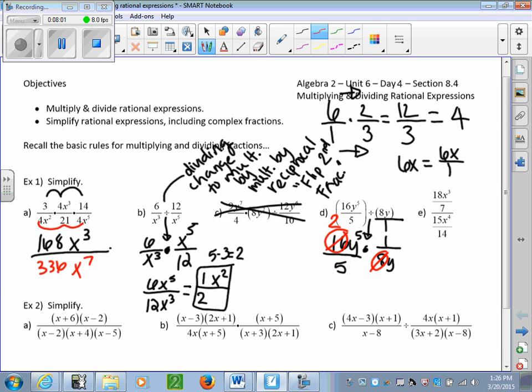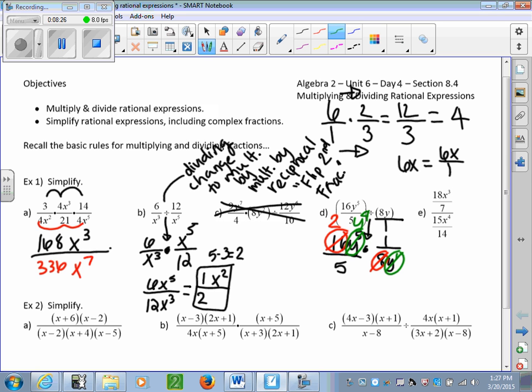So y to the 5th and y to the 1st, when I simplify them, I subtract their exponents, so I have a 1 here. So 5 minus 1 is going to leave me with a y to the 4th, okay, when I simplify those. So that'll leave me with a y to the 4th in the numerator.